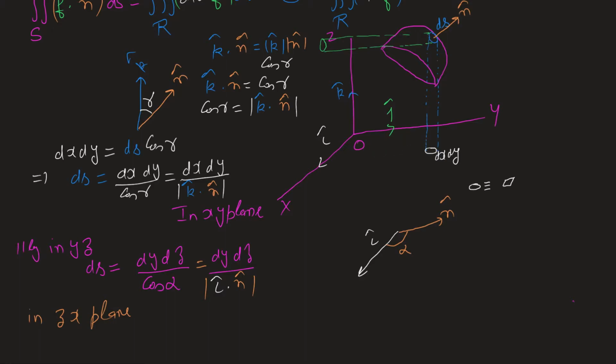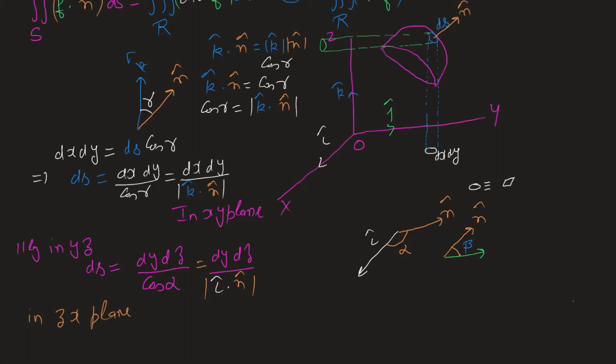So if I see the angle, say this is j cap and this is the direction of the normal n cap, this angle is beta.